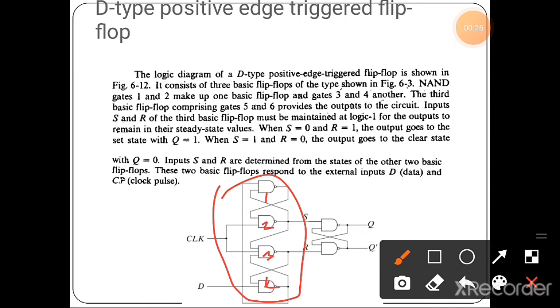The outputs S and R from gate 2 and gate 3 go to gates 5 and 6. This provides the actual output of the flip-flop, that is Q and Q bar.